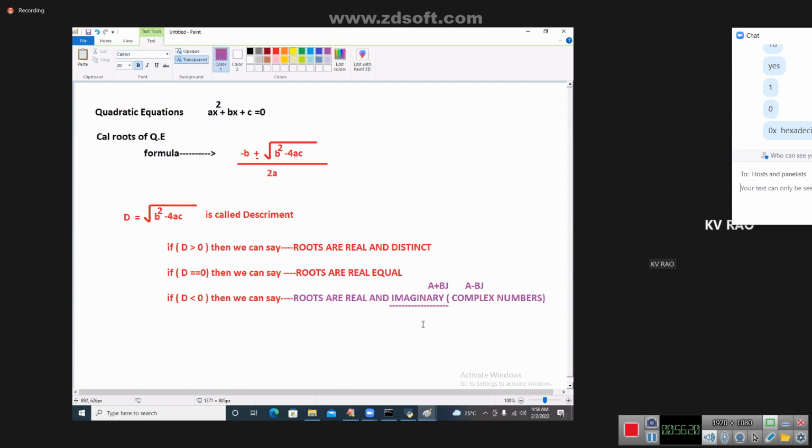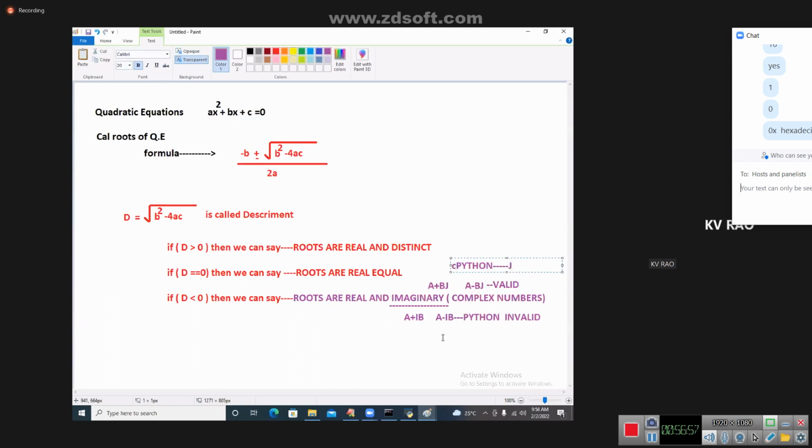In our mathematics, you might use a plus ib, or a minus ib. But in Python, that is called invalid. And this is called valid in Python, because in CPython, our standard Python, they used the letter j.